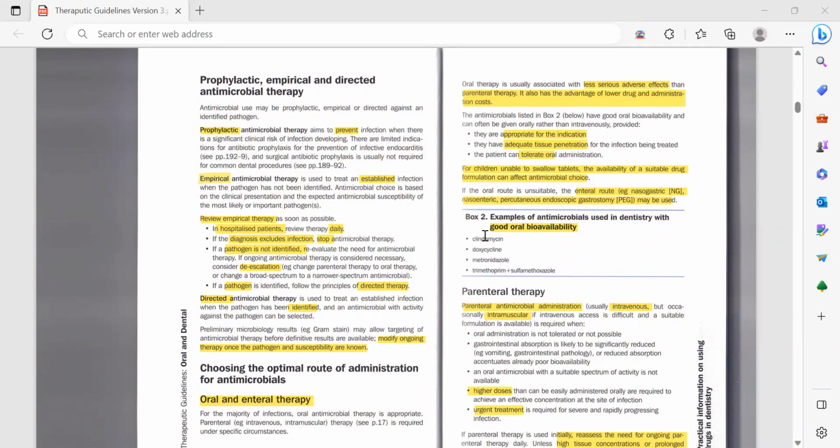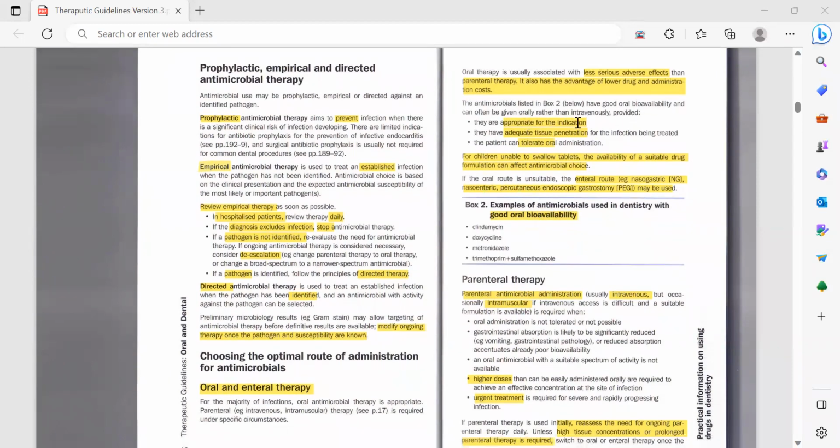For example, clindamycin, doxycycline, metronidazole, trimethoprim, and sulfamethoxazole can often be given orally rather than IV, provided they are appropriate for the indication, they have adequate tissue penetration, and the patient can tolerate oral administration.